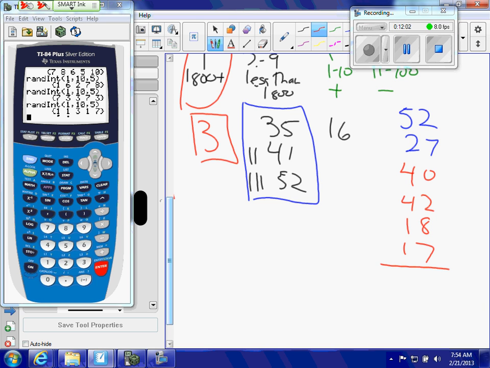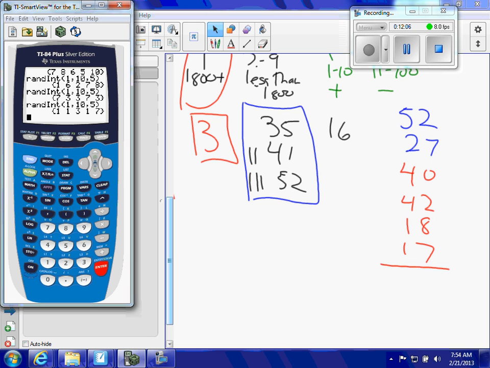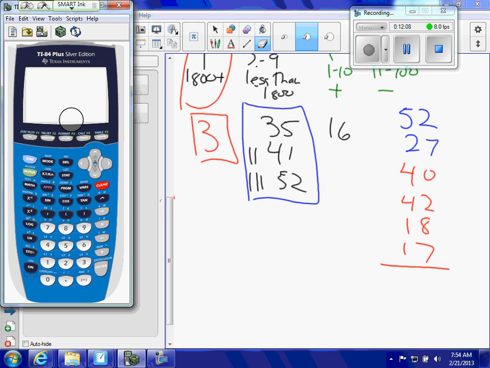So in this case, let's say that would be 6 simulations. So I would add these numbers up. I would go 52 plus 27 plus 40 plus 42 plus 18 plus 17.